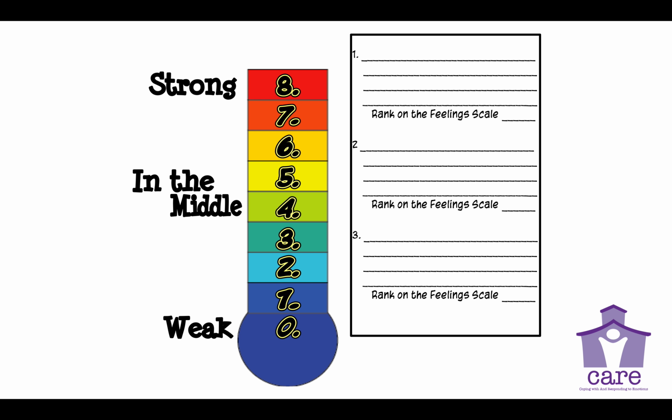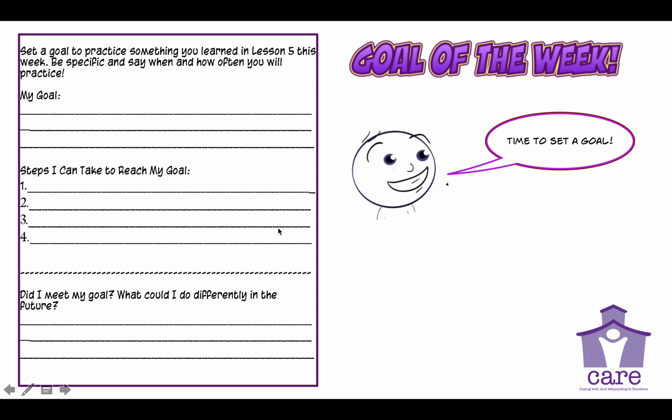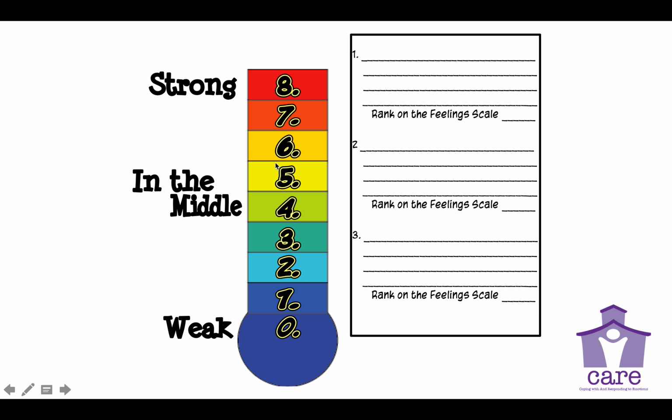And so as you go through this, you can kind of share with students that one really helpful thing about ranking things on a scale is it can help you identify the intensity of your emotions, and if it's something that's up here towards the top, that's going to make you feel very strongly, like very strong feelings of anger or very strong feelings of anxiety, then maybe that's a situation where you're going to need to use some of the tools and strategies from CARE.